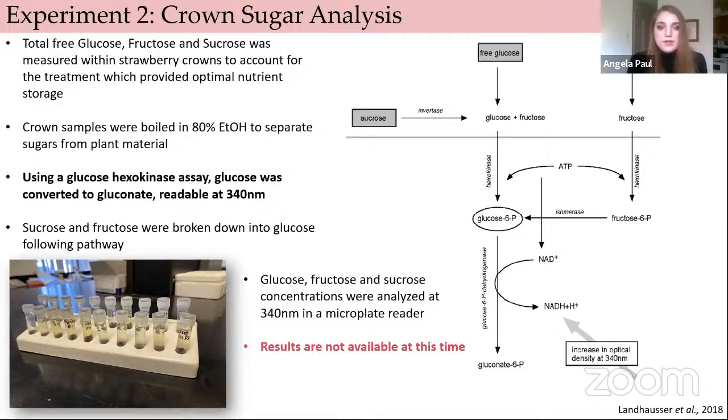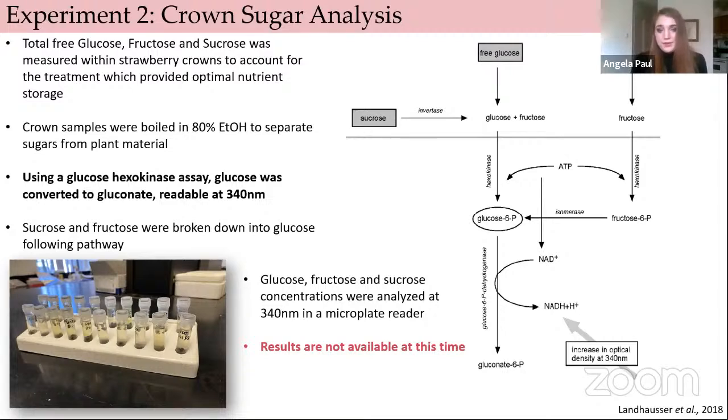Then, using a glucose hexokinase assay, the glucose within the crowns was converted to gluconate, which is then readable at 340 nanometers in a microplate reader, allowing me to analyze the rough amount of glucose within the crown. And then sucrose and fructose were also analyzed by first breaking them down into glucose using different pathways, as you can see here. And then once they were broken into glucose, that was measured as well using a microplate reader.